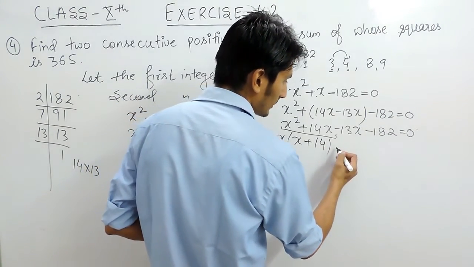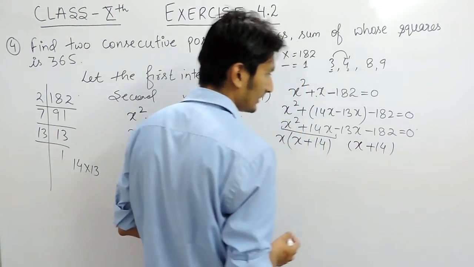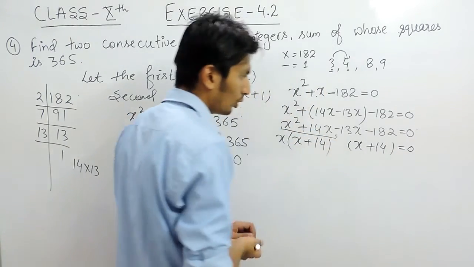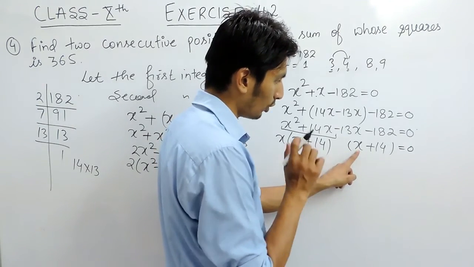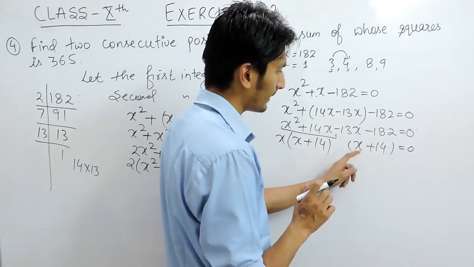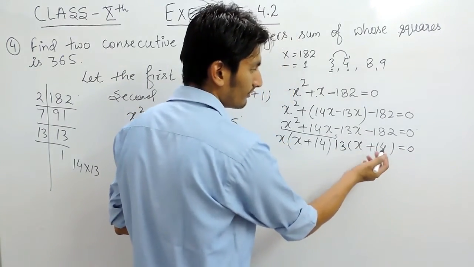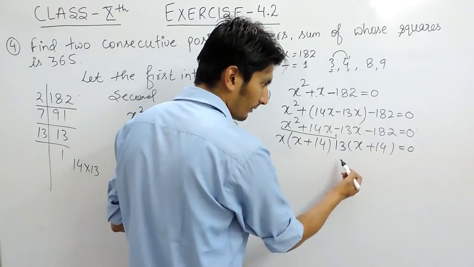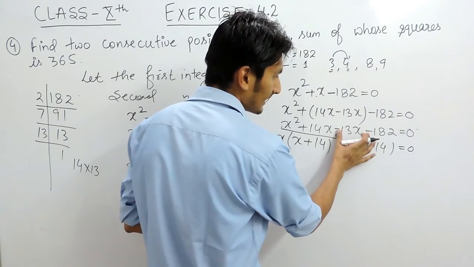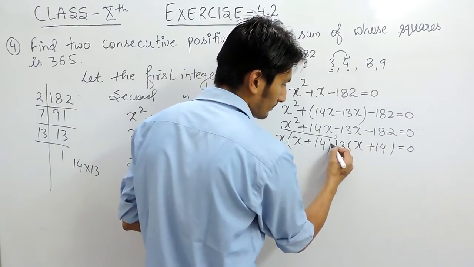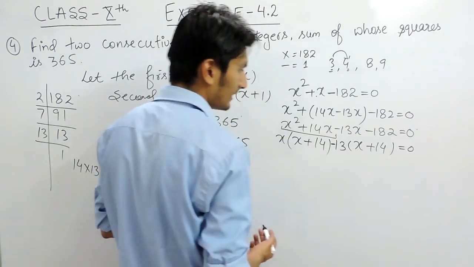Then you have to take something common so that inside the bracket only x plus 14 remains. So from 13x and 182, you have to take 13 as common, and only 14 will remain inside the bracket. And clearly there is a negative sign, so you have to take minus 13 as common, so that only positive remains inside the bracket.